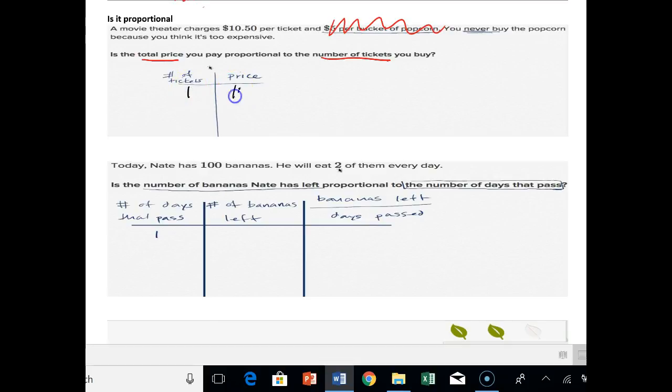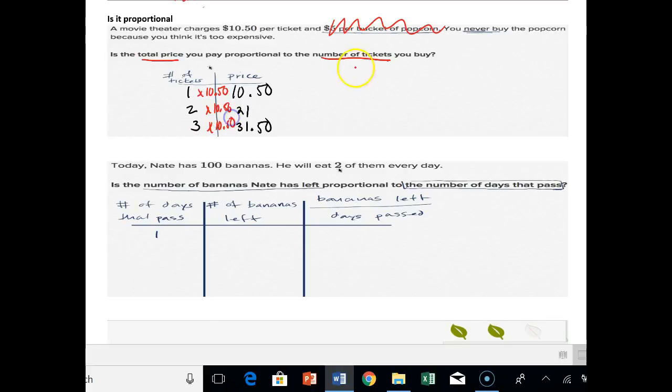It would cost us $10.50. If we bought 2 tickets, that's $21, 50 cents and 50 cents. If we bought 3 tickets, you're just adding, it would cost $31.50. So basically, we have the same multiplier the entire time. It's just times 10.50, times 10.50, times 10.50.